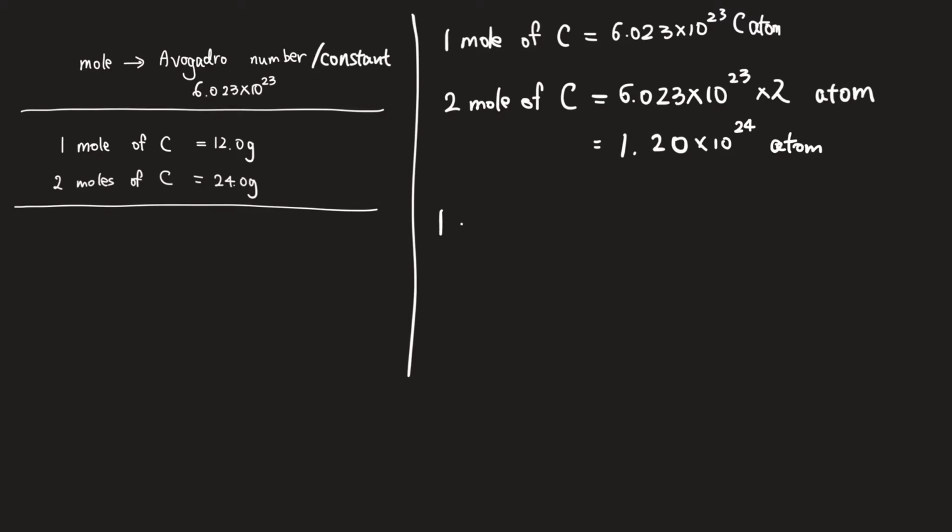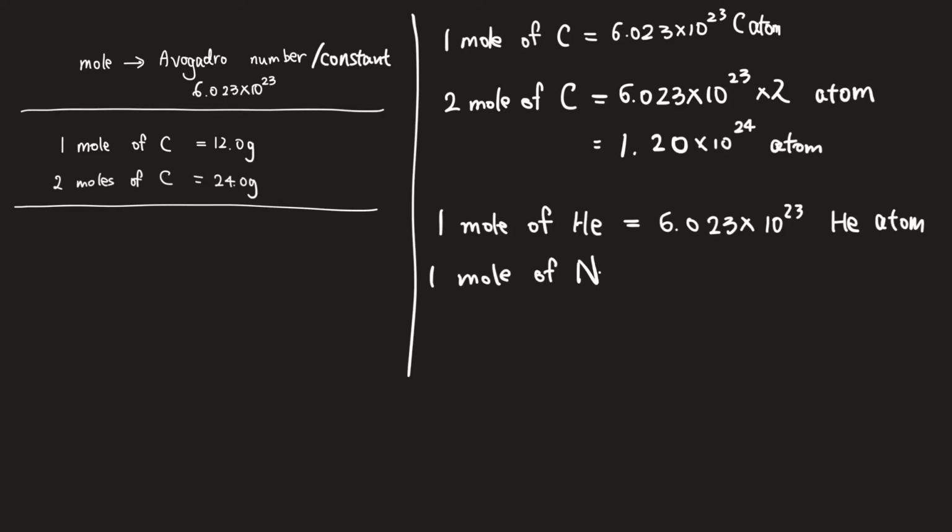That means if you have 1 mole of helium, then you will have 6.023 times 10 to the power 23 helium atoms. And if you are talking about 1 mole of nitrogen, then you still have this one. But here, I would like to ask you to pay attention to the term.